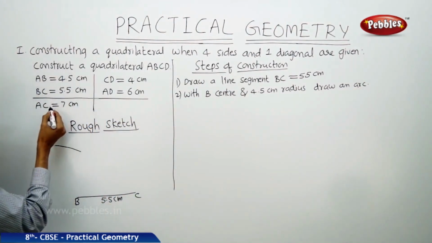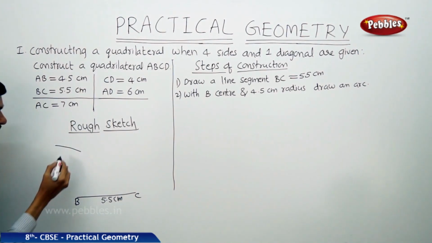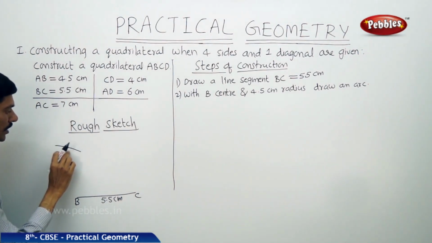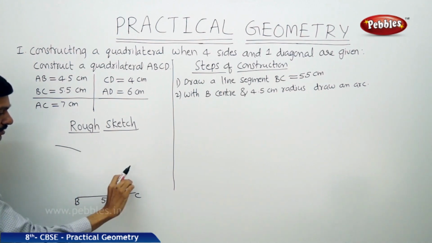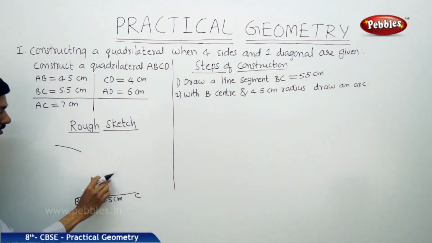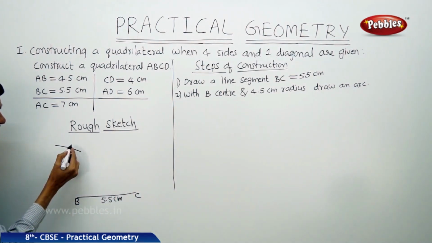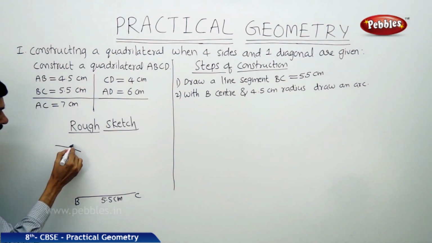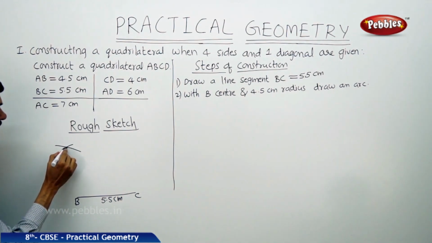Next, again AC is given as 7 centimeters. So A will be anywhere on the arc. Now take C as the center and 7 centimeters as the radius. Draw another arc to intersect the previous arc at the point A. So this is the point of intersection of these two arcs.